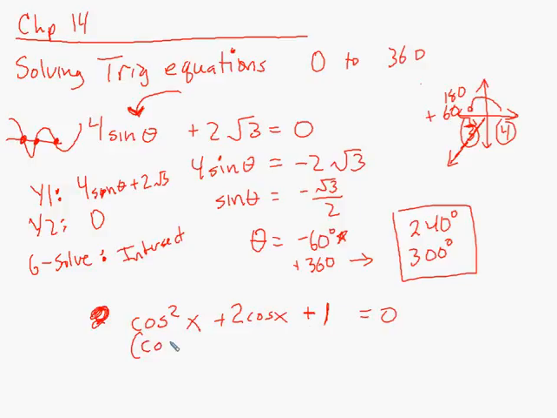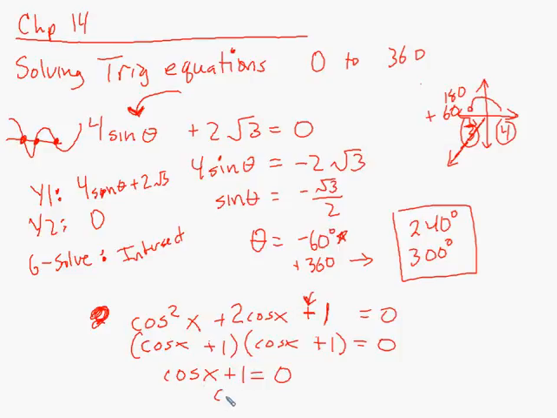It factors like this: cosine x plus 1 and cosine x what? No, plus 1. It's the same thing again. Okay, not a minus 1. Don't assume that if this sign is positive, that tells me these 2 signs here are the same. So these are the same thing. So I say cosine x plus 1 equals what? 0.